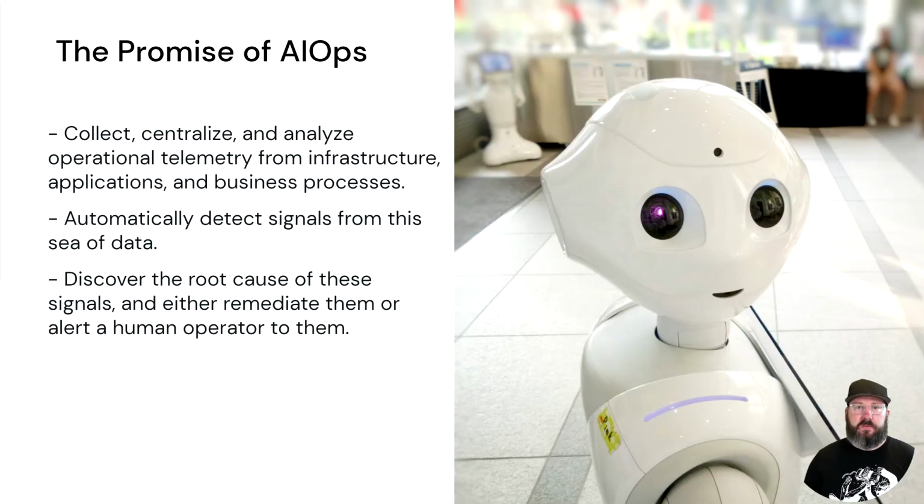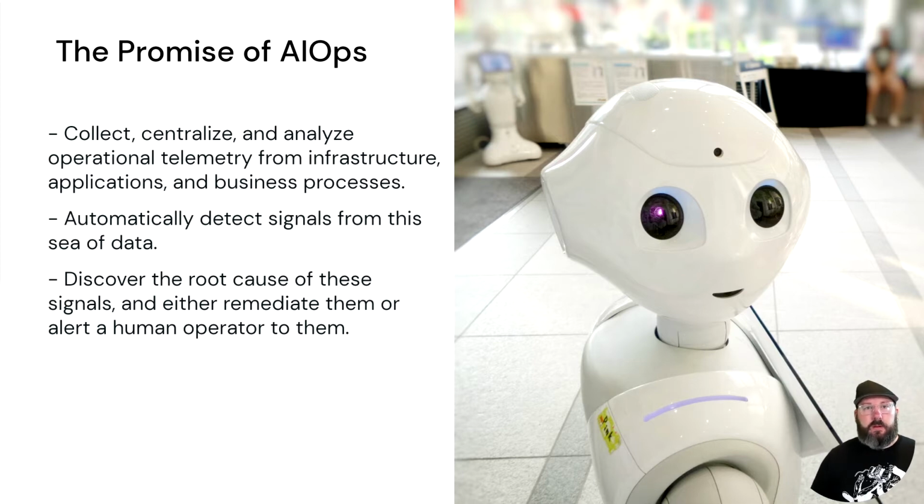And the promise of AIOps is great. Gartner has a couple of examples about what this actually means in their reports, but at the core of it, it's pretty simple. You gather up all of your telemetry data, your operational data from your applications, your infrastructure, your business processes, and then you detect interesting signals within all that data, and then your AI tools will either automatically remediate and find the root cause of a problem, or they'll say, oh, I need a human to step in.